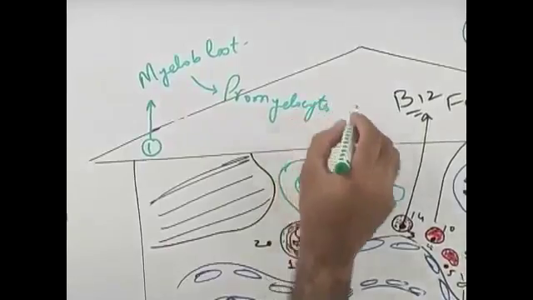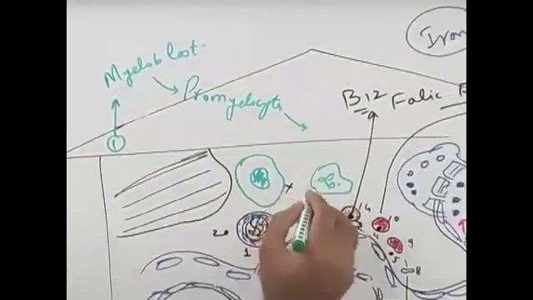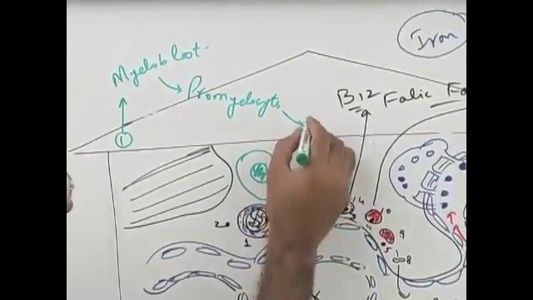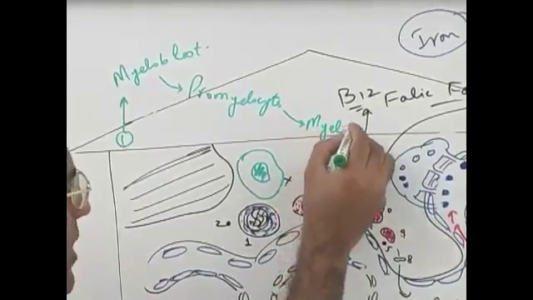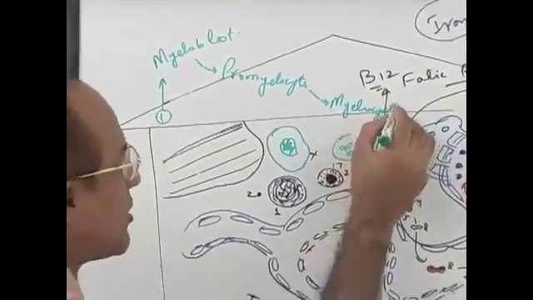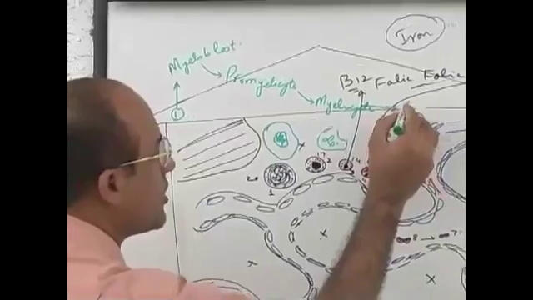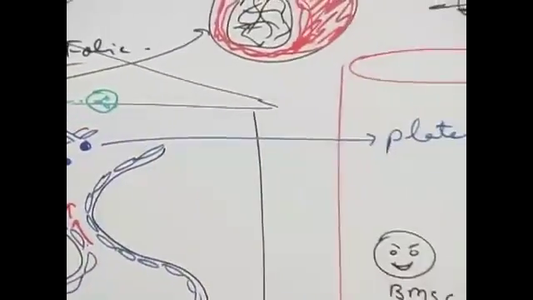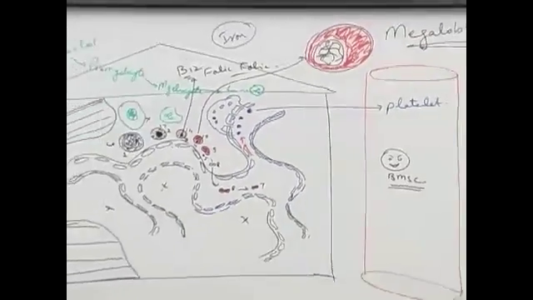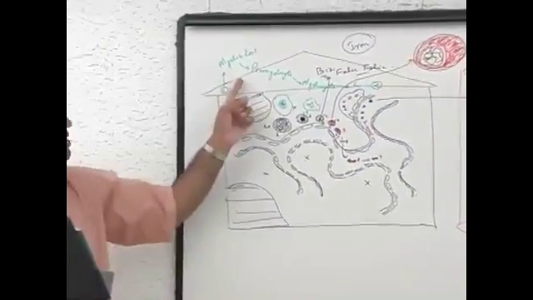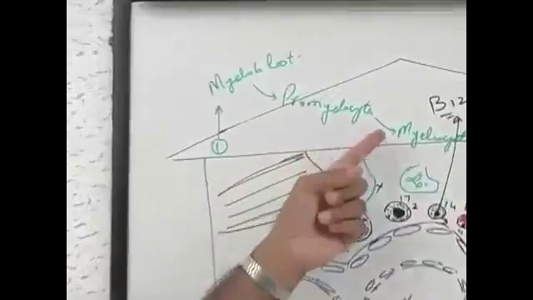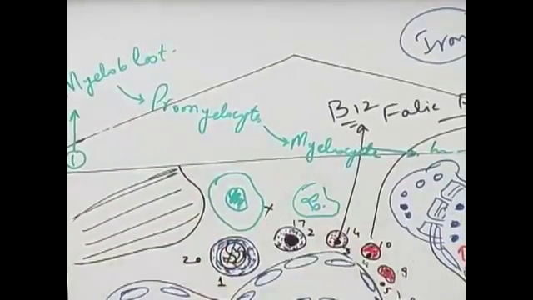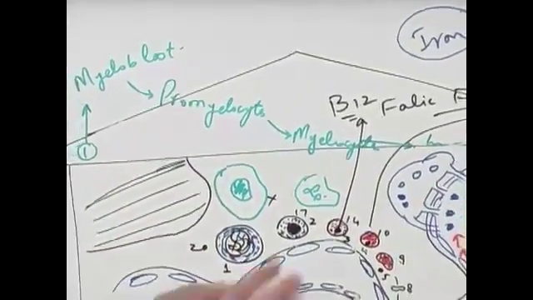Promyelocytes mature into the next stage of the white granulocyte, called myelocyte, and myelocytes go into immature neutrophils and eventually into mature neutrophils. Let me repeat: the myeloblasts in the bone marrow convert into promyelocytes, mature into myelocytes, and then eventually into granulocytes and neutrophils.